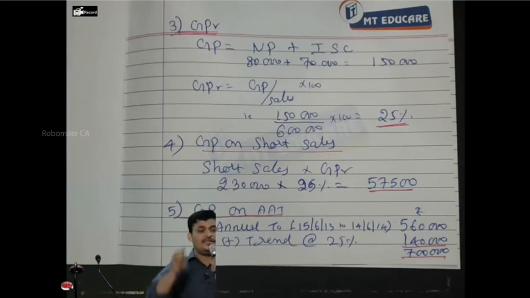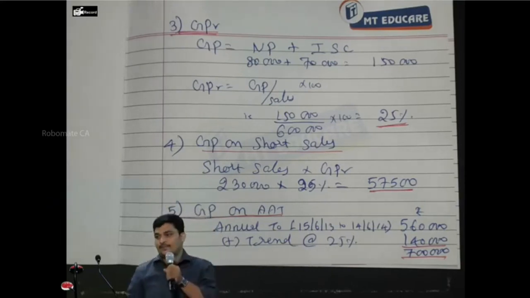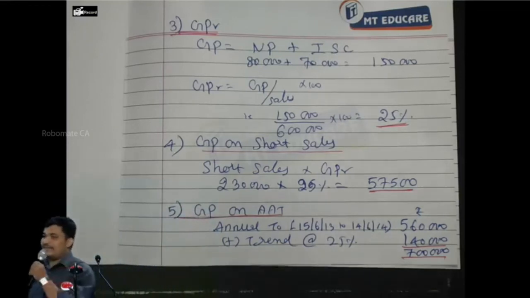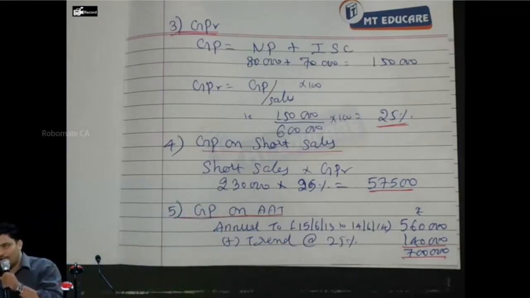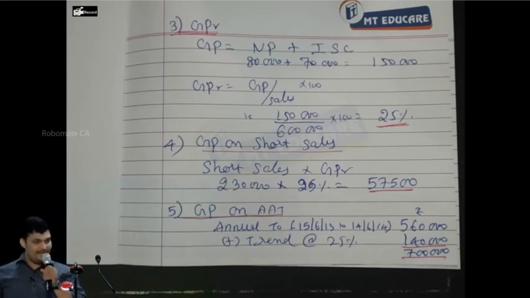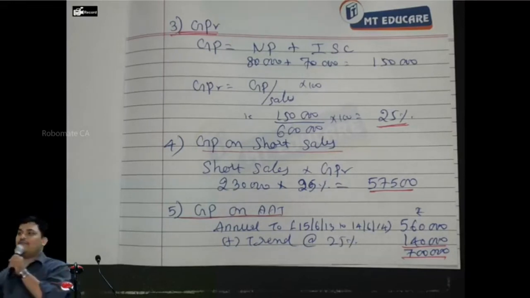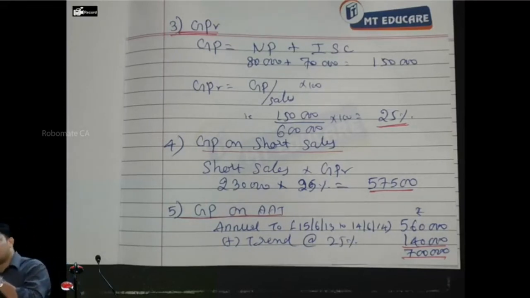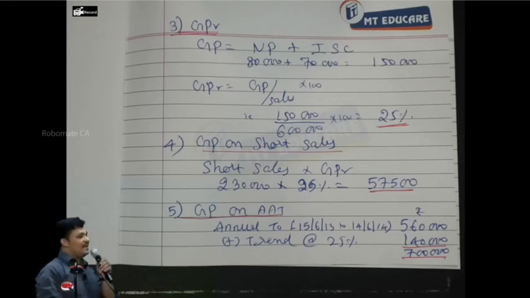In other words, it is profit on sales that will be made during the year 13-14. When you are taking a policy for the year 13-14, it is for the profit that will be earned on sales of which year? 13-14. So how to project that?